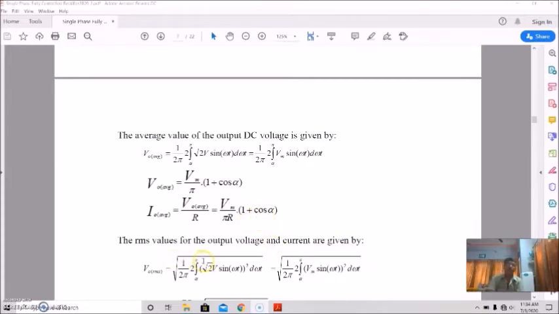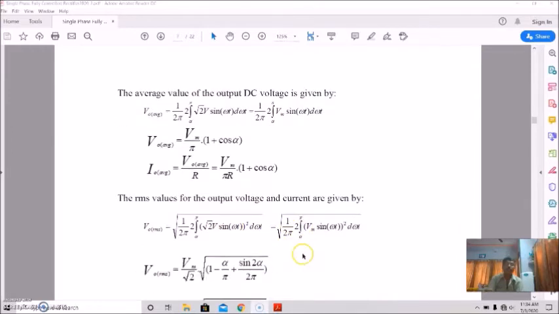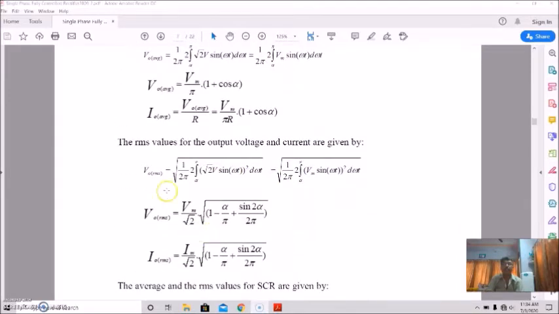Now the RMS values of the output voltage and current are given like this. This is the expression for the RMS value of the output voltage: root over 1 by 2 pi, 2 times the integration from alpha to pi of root 2 V sin omega t whole square d omega t, and that comes to Vm by root 2 times root over of 1 minus alpha by pi plus sin 2 alpha by 2 pi.